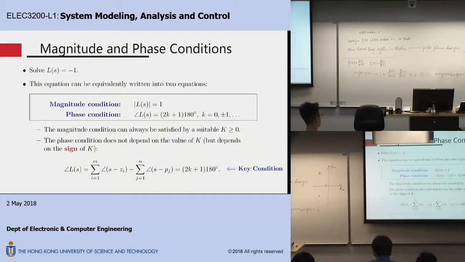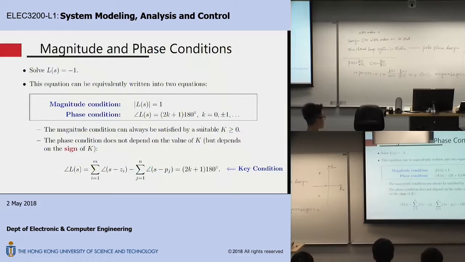It's one condition. The second condition is that the phase of this thing has to be -180 degrees. Is that right? Not necessarily. -180 degrees is also fine, or 3 times 180 degrees is also fine.